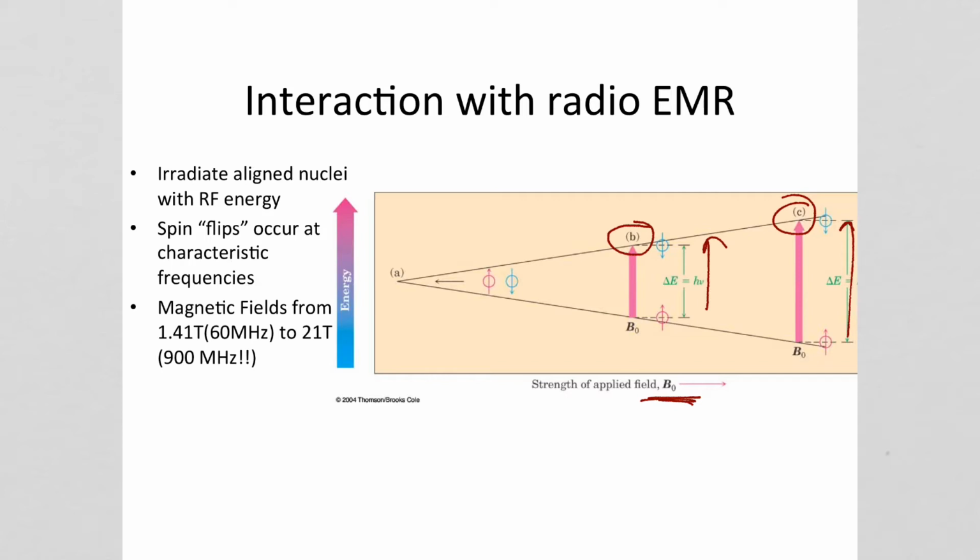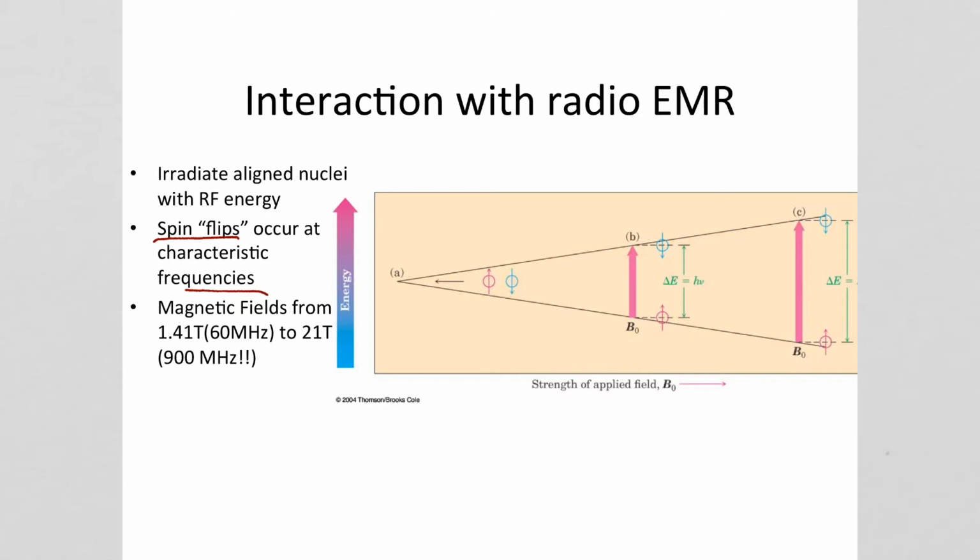This process of going from aligned with the field to aligned against it is called a spin flip, and it occurs at characteristic frequencies of radio waves. And just like with infrared spectroscopy, those characteristic frequencies can tell us something about the molecule that's absorbing that energy.